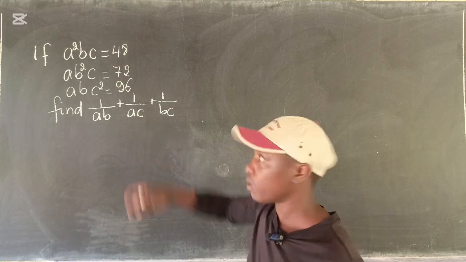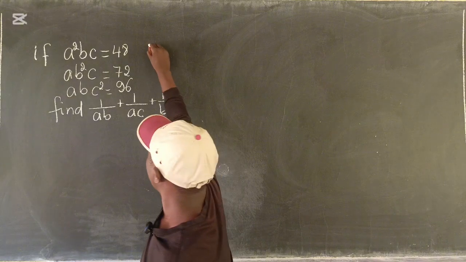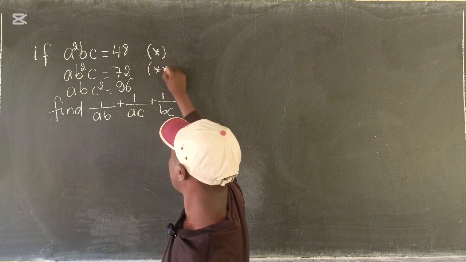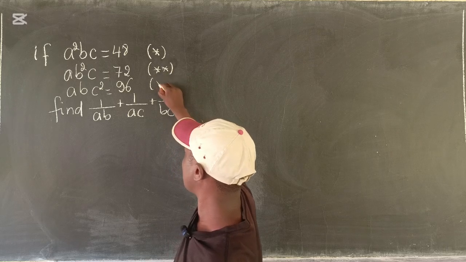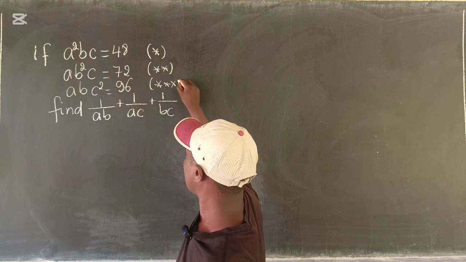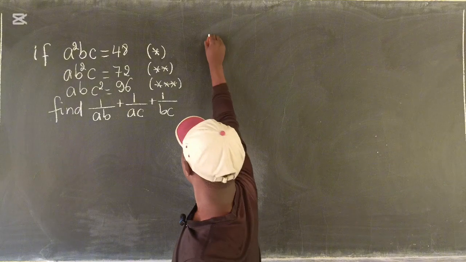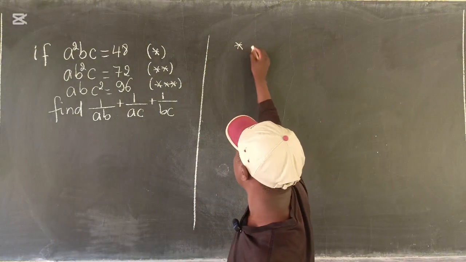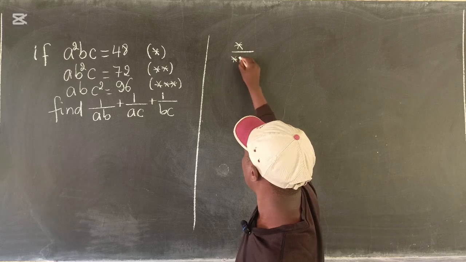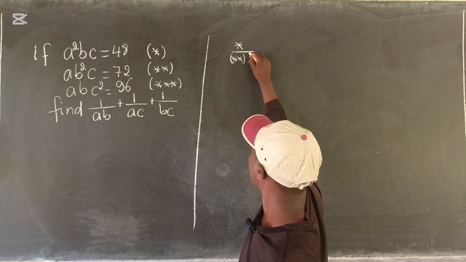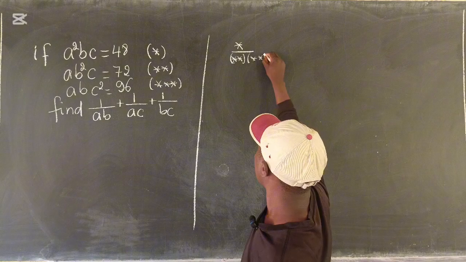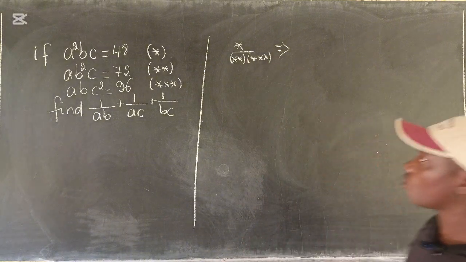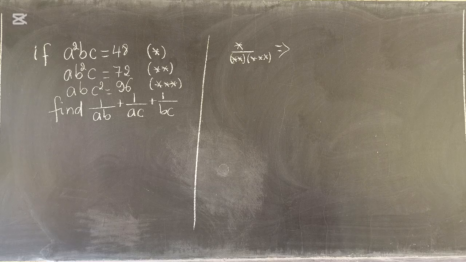Let's now start. Let me name this one star 1, these star 2, and this star 3. As you see, if I have star 1 over star 2 times star 3, what shall I get here?